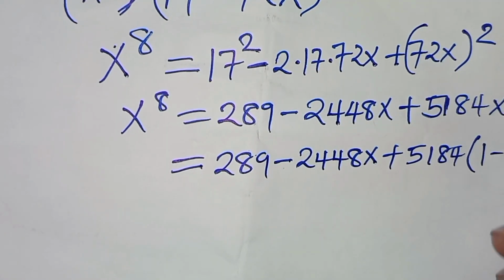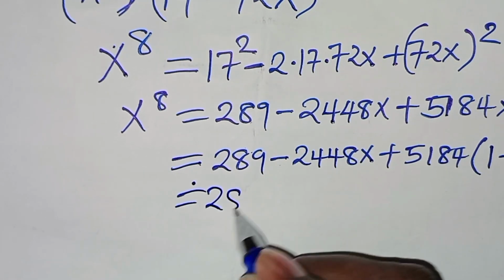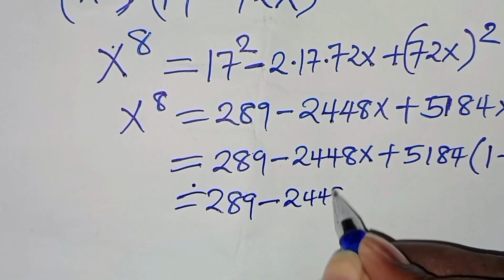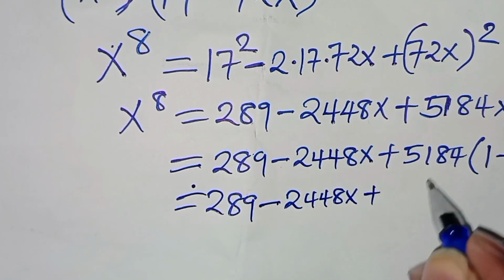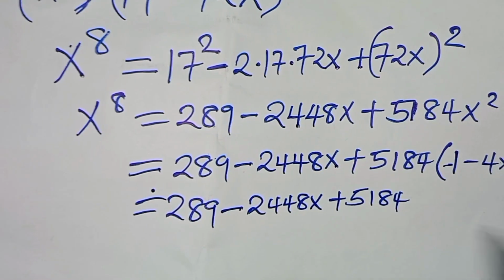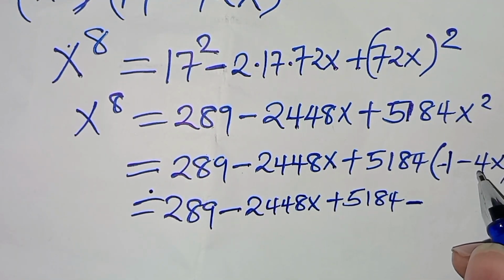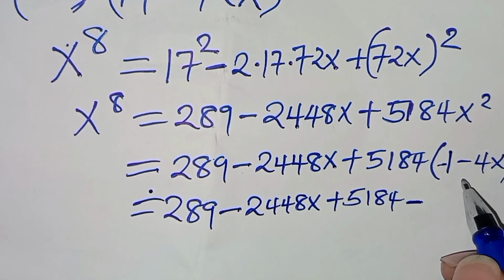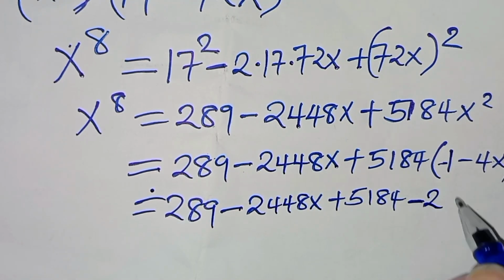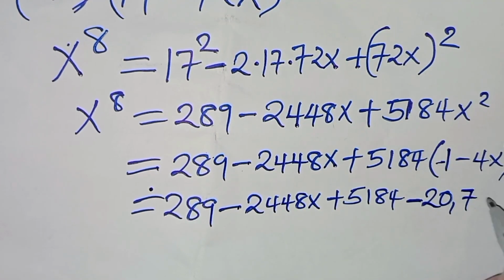So here we'll have 289 subtract 2448x plus 5184 subtract 5184 times 4x. Okay, so this one is supposed to give us 20,736x.